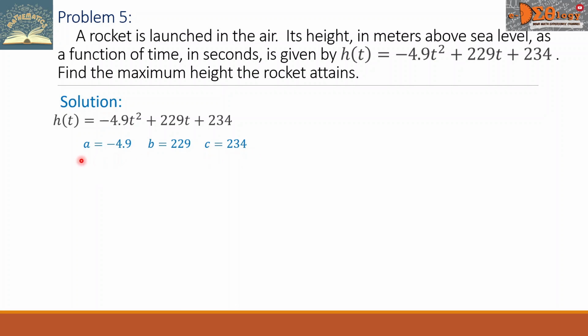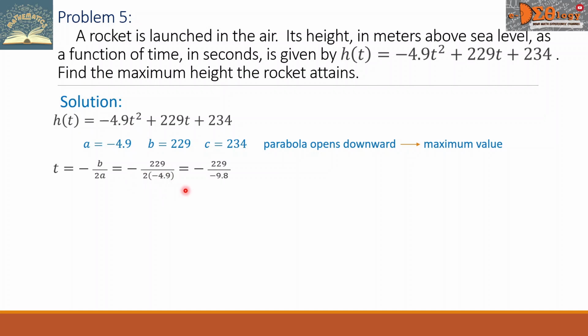We know that A is negative. That means the parabola opens downward and we get a maximum value. Let us solve for t. We're going to use the formula of the h of the vertex, the negative b over 2a. We substitute the values, negative of 229 over 2 times negative 4.9.